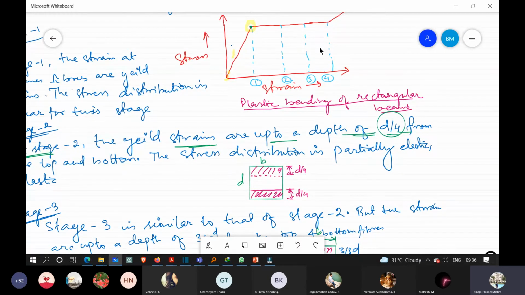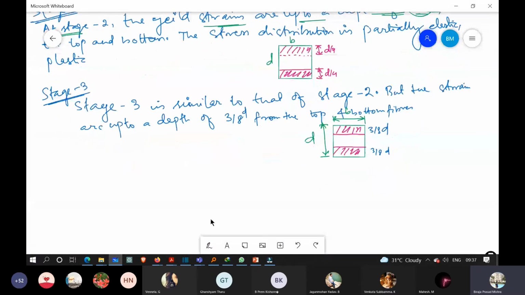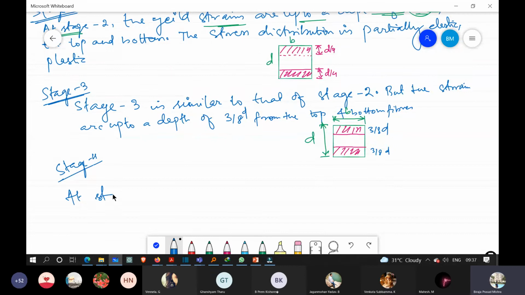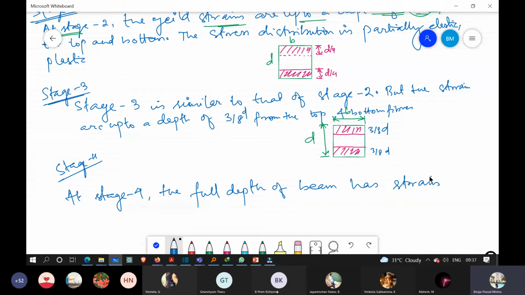So you may write like this: at stage 4, the full depth of the beam has strains more than the yield strain, that is epsilon y.